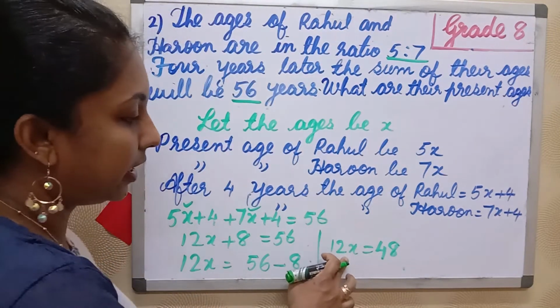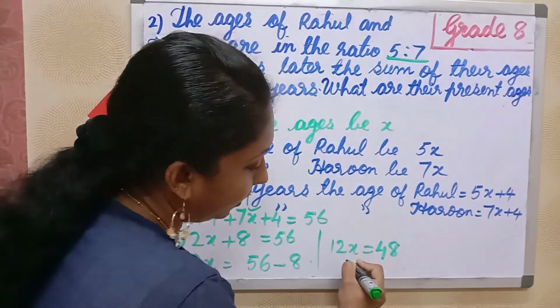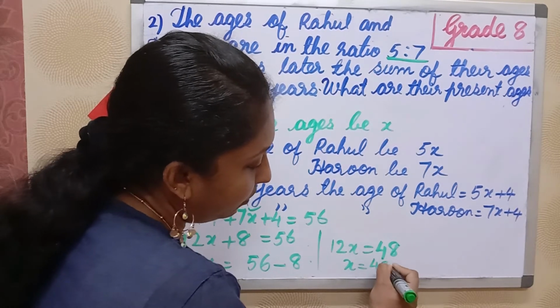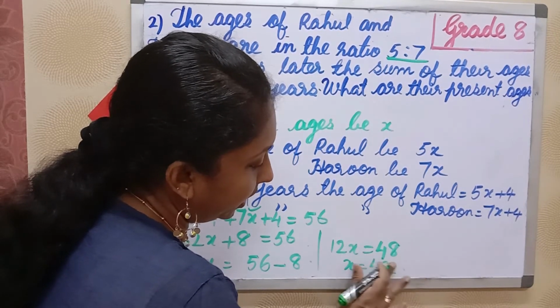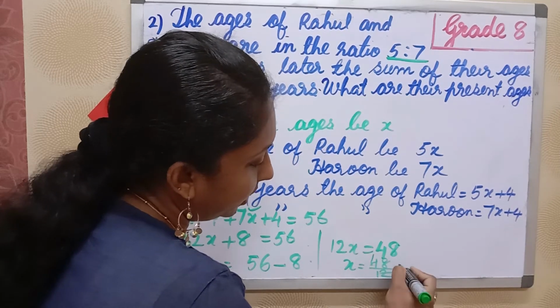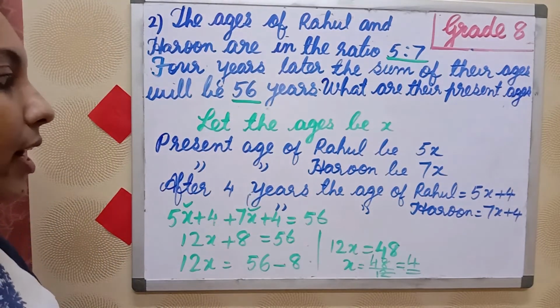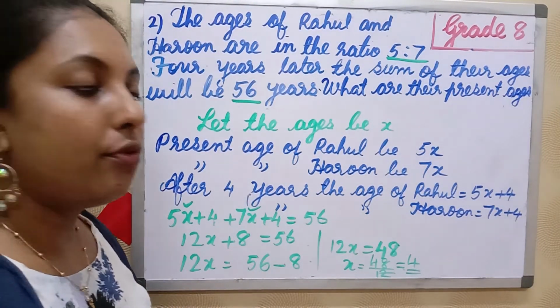Then again we can transpose 12 to the RHS. x is equal to 48 divided by 12, that is 4.